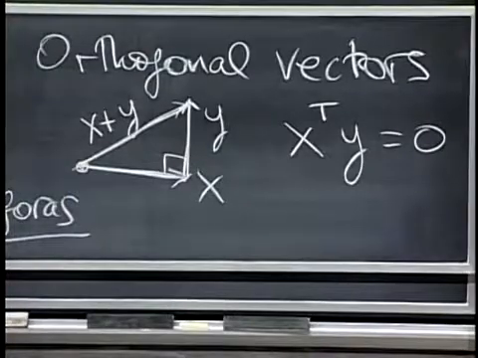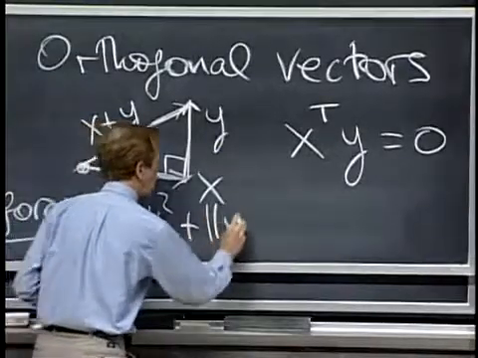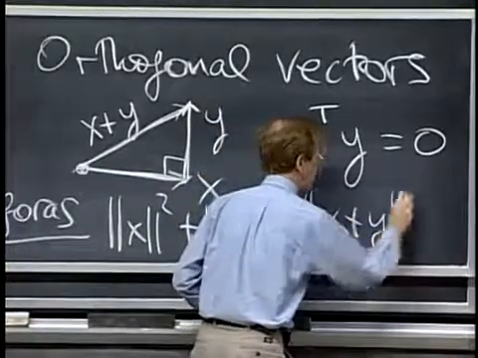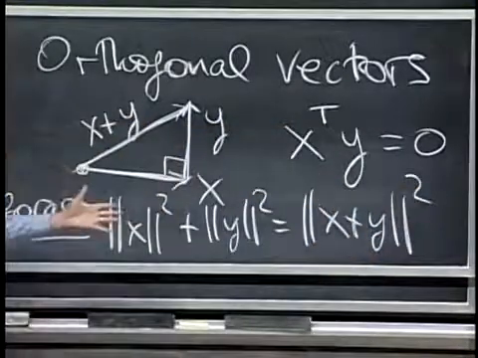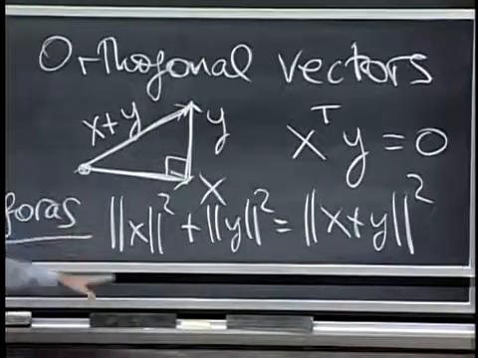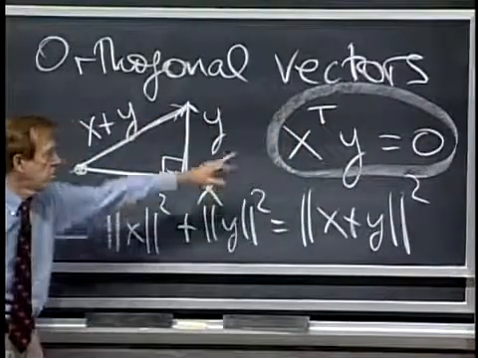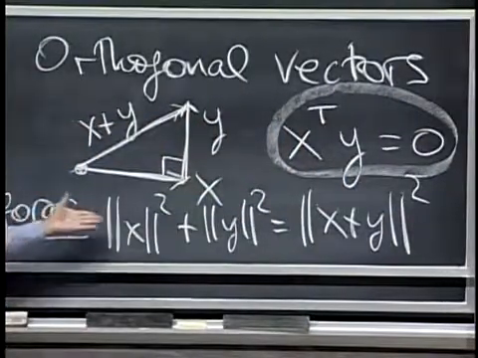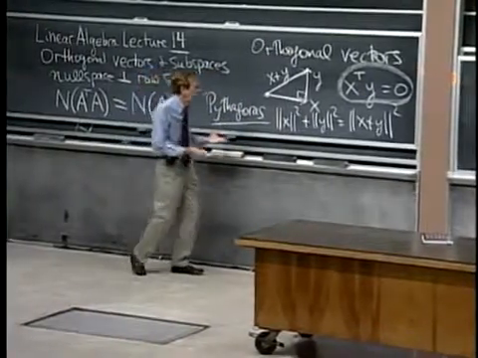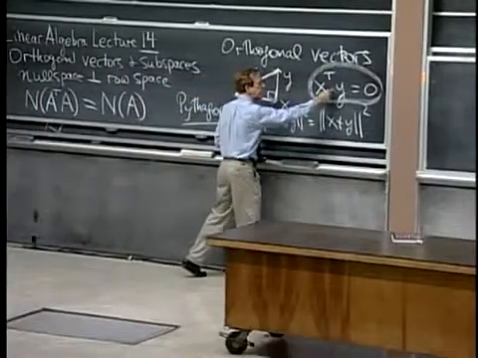Can I write it as x squared plus y squared equals x plus y squared? Now please don't think that this is always true. It's going to be equivalent to orthogonality. For other triangles, of course, it's not true. But for a right triangle, somehow that fact should connect to that fact.